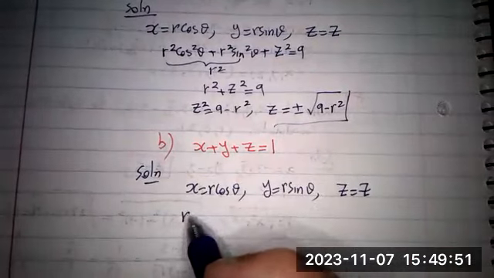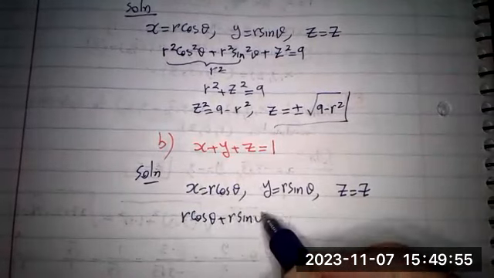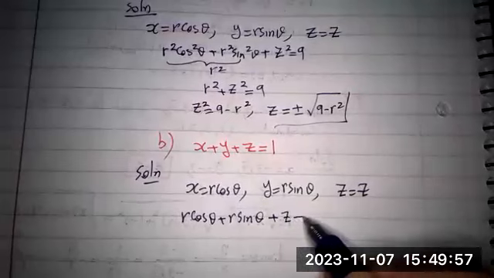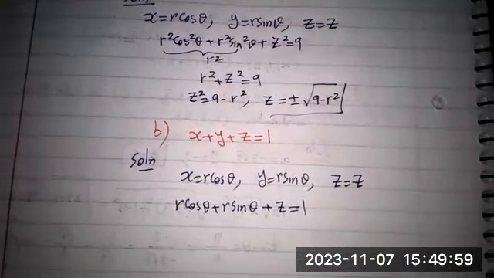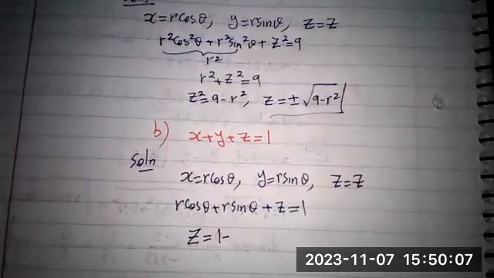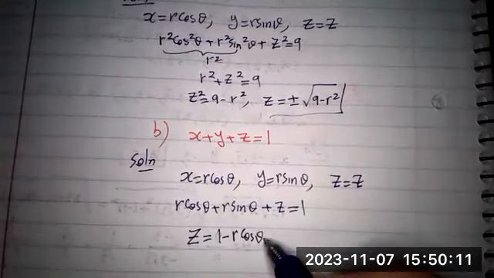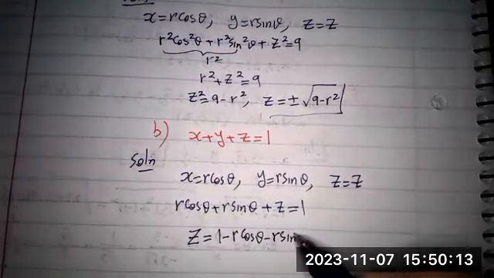Again, you substitute, and if you get a chance, we can simplify it. If you substitute, that gives us R cosine theta plus R sine theta plus Z equal to 1. There is no chance for simplification. You just solve for Z. That gives you Z equals 1 minus R cosine theta minus R sine theta, and you're done.